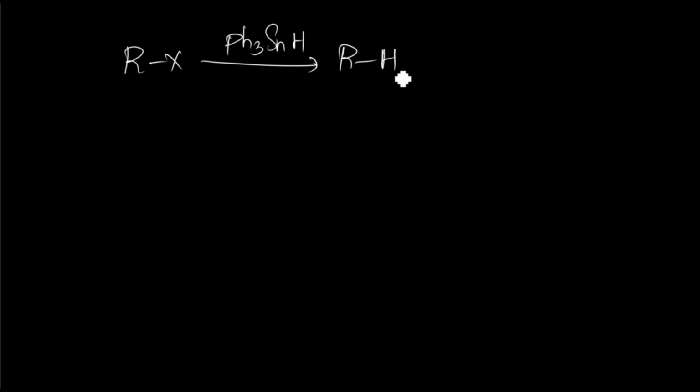That will give you again RH. This type of reaction with triphenyl tin hydride reduces primary, secondary and tertiary alkyl halides. Then you can use sodium borohydride as well. Sodium borohydride gives the same reduction, but this holds true for secondary and tertiary.